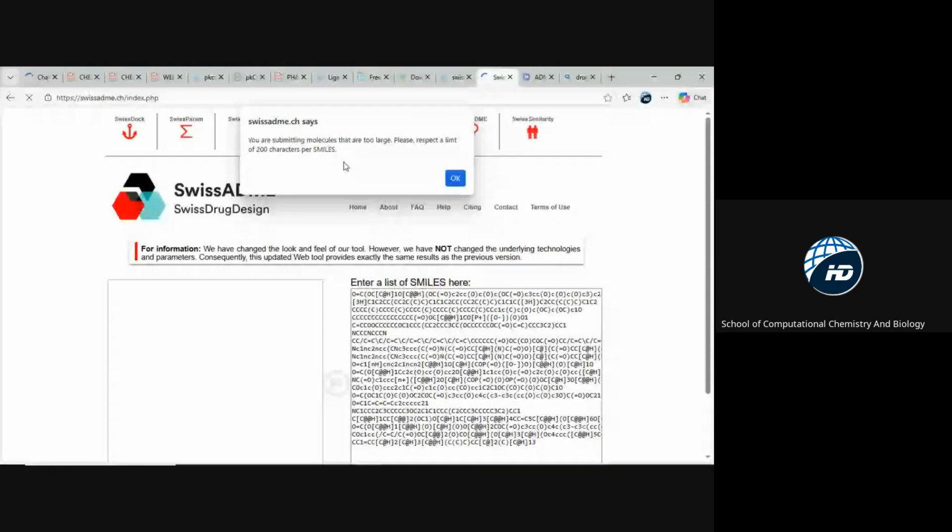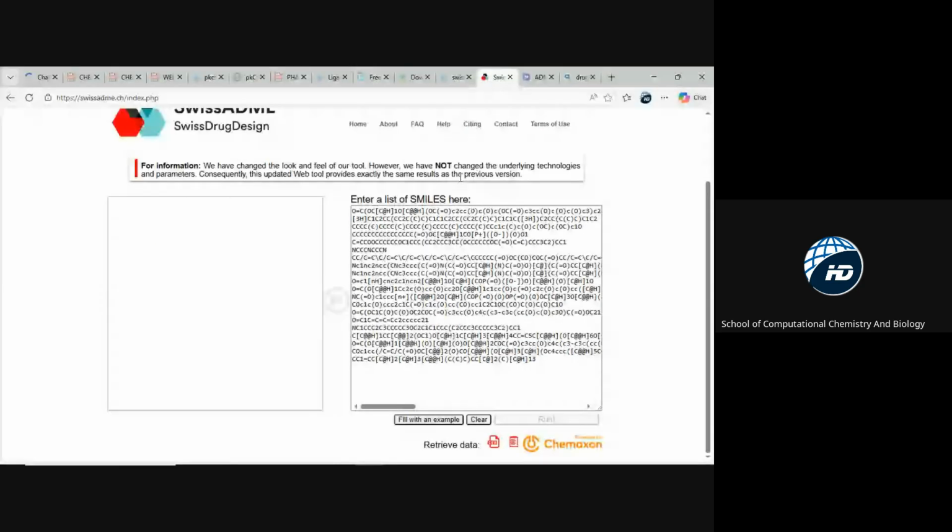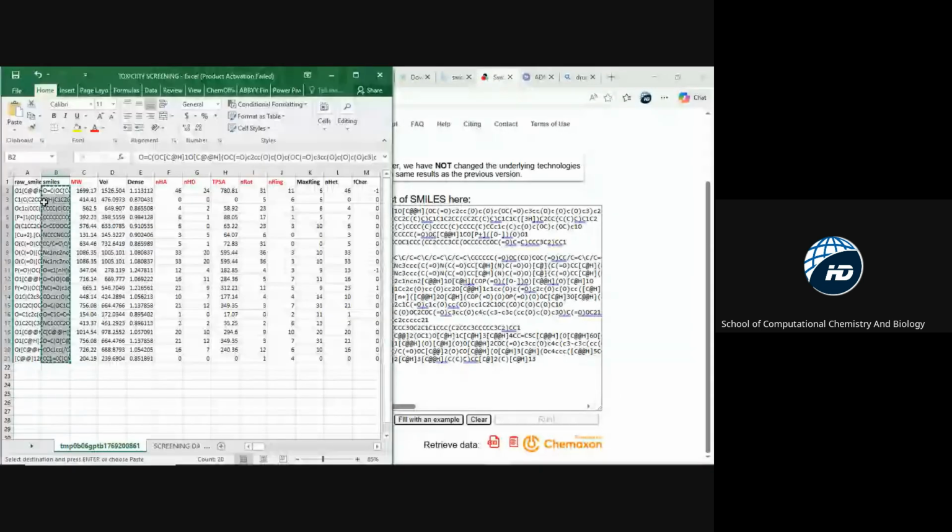But maybe when you copy the whole SMILES code to your Swiss ADMET, then download the result. I should better just do it once and for all, so that every one of us can see, to avoid doing your own projects.